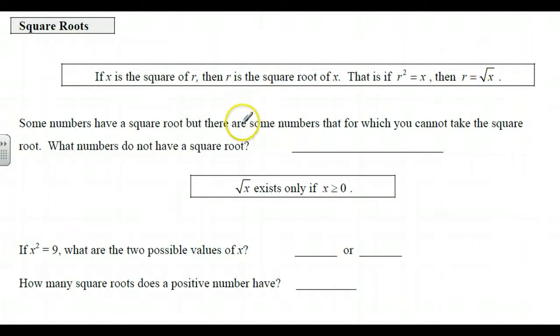Some numbers have a square root, but there are a lot for which you cannot take the square root. Which numbers do not have a square root? Well, you cannot take the square root of a negative number. So we say the square root of x exists only if x is greater than or equal to 0. You can take the square root of 0. It's just 0.